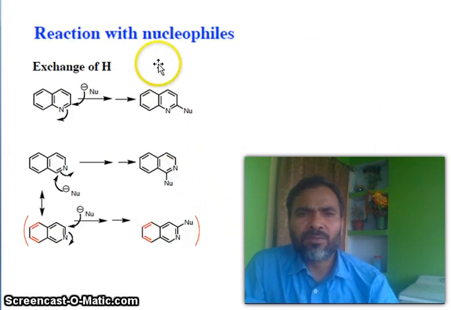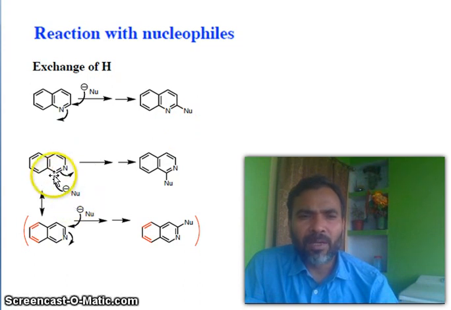So reactions with nucleophiles. You see the nucleophile approaching this center, these are the two positions, this is nucleophilic. And if you have isoquinoline, the nucleophile approaches this position as well as this position. So if this position, then this product. So there is a possibility of this also.